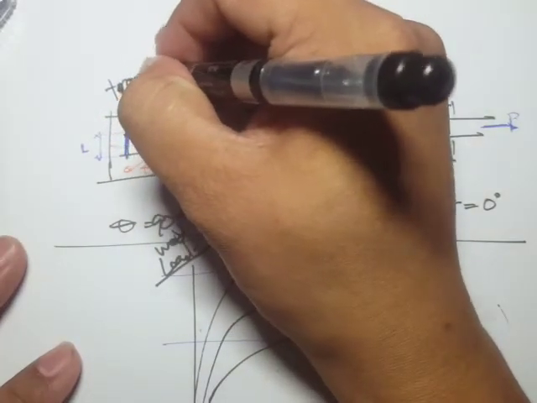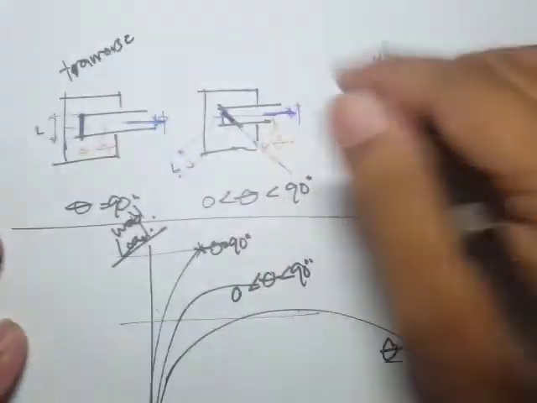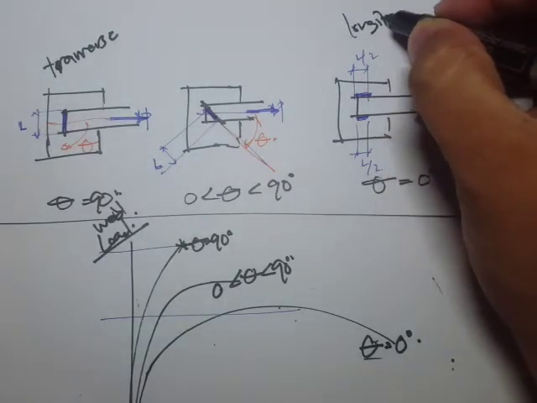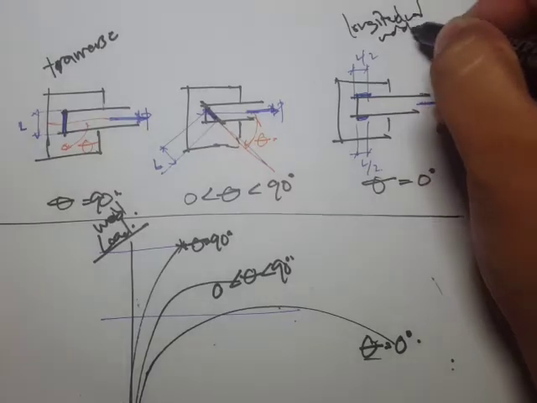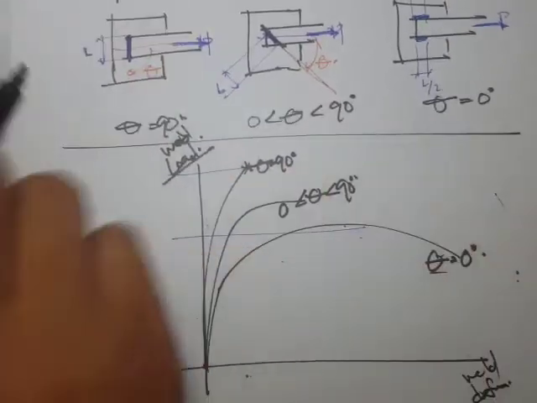Now, this 90 degrees is referred to as the transverse weld, and then this one is the longitudinal weld.